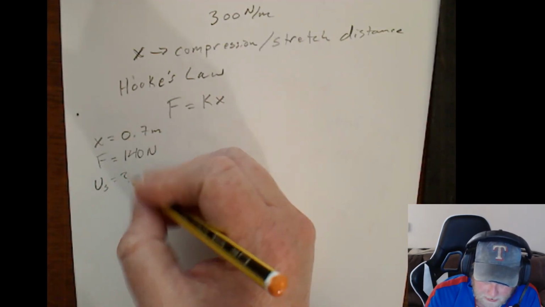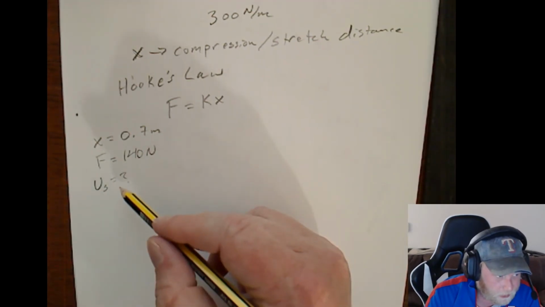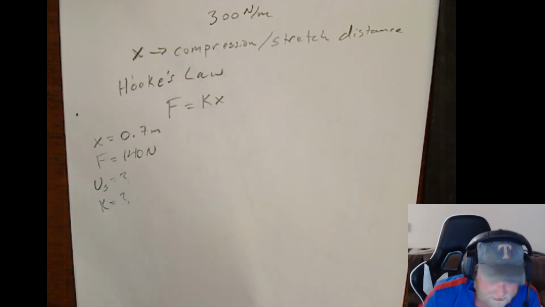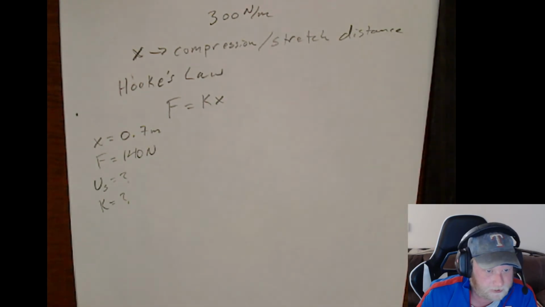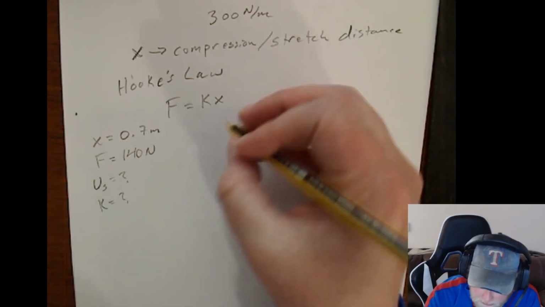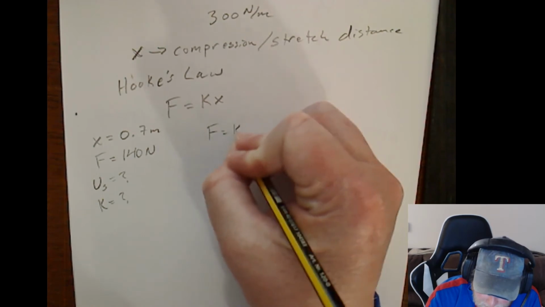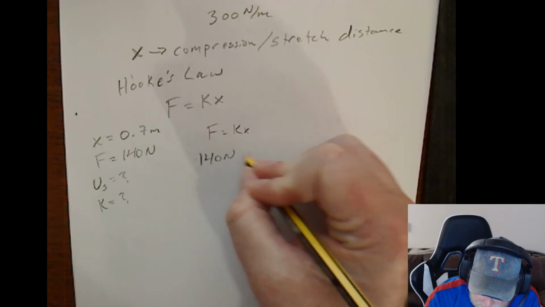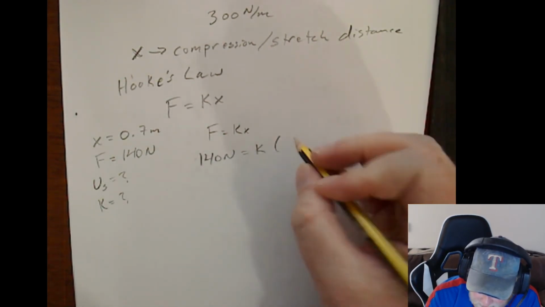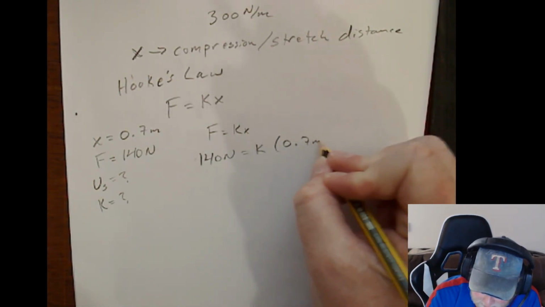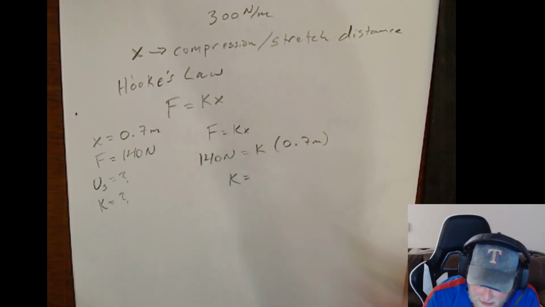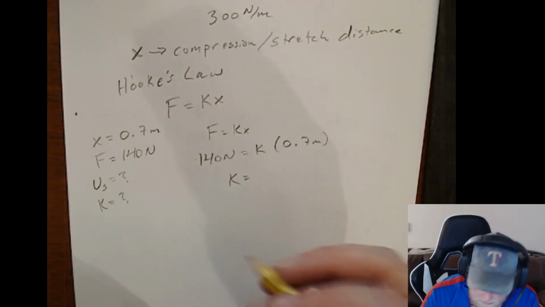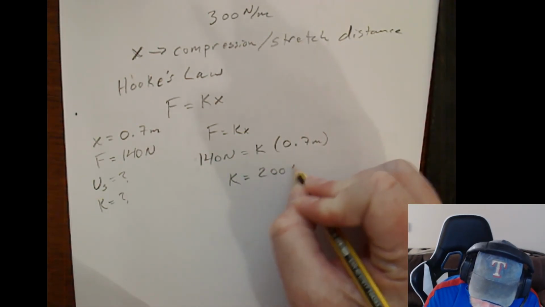Well, first thing we're going to need if we want to find our elastic potential energy is the spring constant associated with that drawstring. So we can use Hooke's law to determine that. The force of 140 newtons is required to pull this string back 0.7 meters, which means that k comes out to 200 newtons per meter.